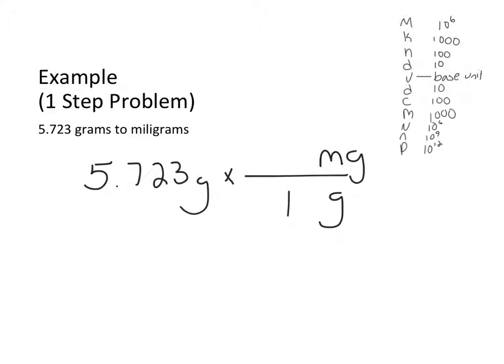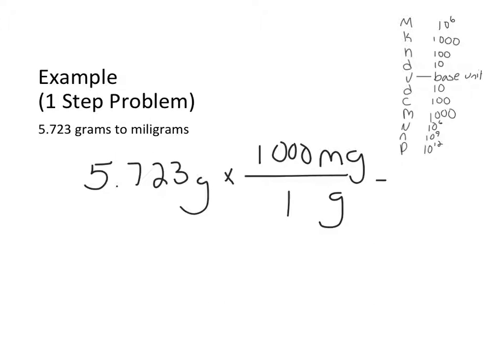And milli, which we see right here, means 1,000. So next to milli, I want to put 1,000. And that's true because there are 1,000 milligrams in a gram. So you always want to check to make sure that this is a statement of equality before we continue. But if you remember that whatever's higher on the list should get the 1, and the number goes with the other unit, you should be okay.